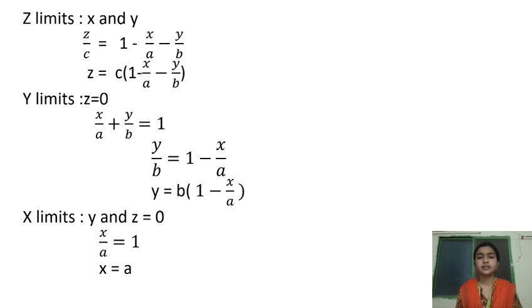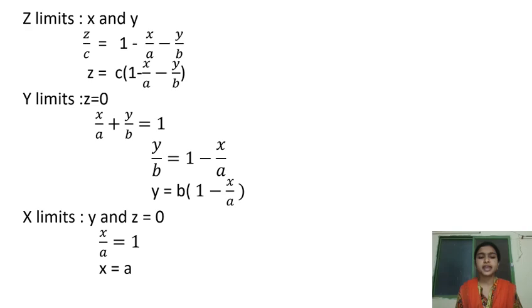Y limits in terms of x, with z equals 0. Substituting z equals 0 in equation 1, it becomes x by a plus y by b equals 1. Here x by a is adding, it goes to the right side, it becomes subtracting. Y by b equals 1 minus x by a, so y equals b into 1 minus x by a.